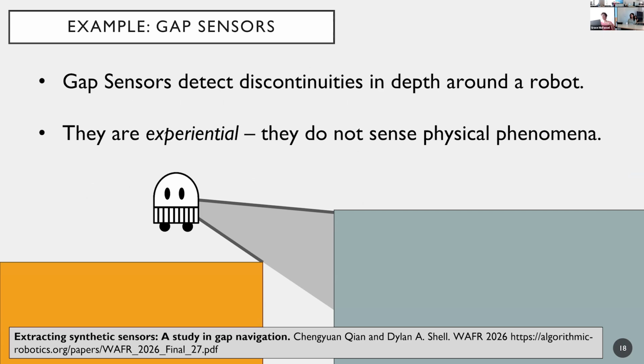It is purely an experiential phenomenon wherein a robot in a certain position is getting a certain reading. If we move this robot in between this orange and blue shape, it will experience this gap as a completely different part of its space. But theoretical sensors allow us to capture this information that is experiential. It's not purely limited to what we can actually detect, but it includes what we can learn and what we experience.